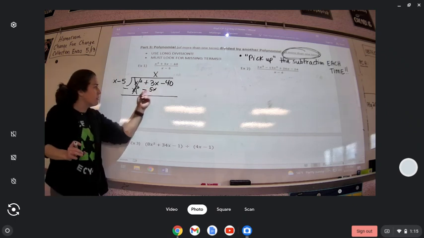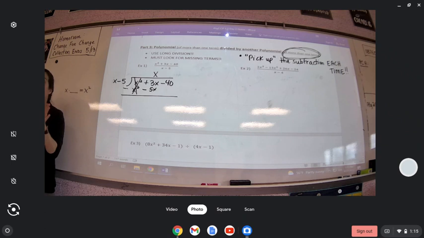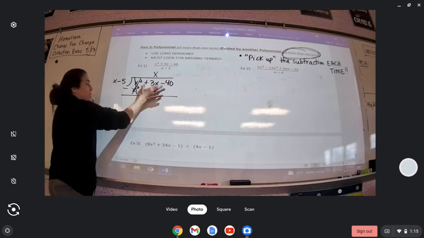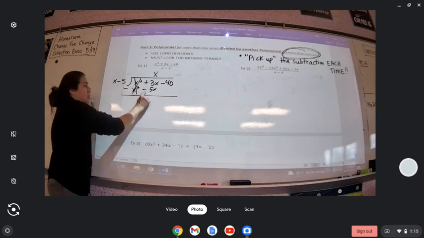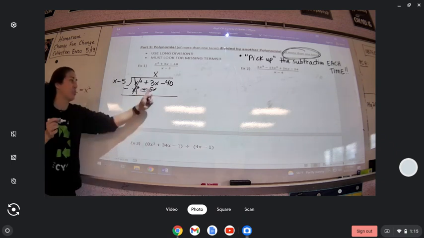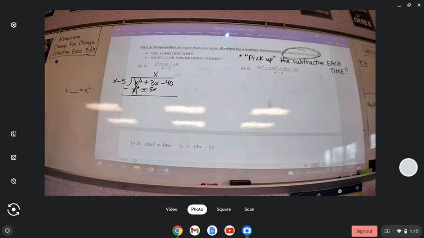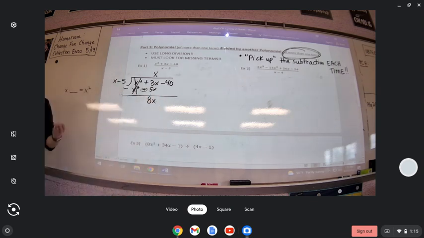Students look at this, they're like, oh look, it's -2x's. No, it's not. Because you have to pick up the subtraction each time. This is a positive 3x, subtract a -5x. What happens to subtracting a -5? It turns to a plus. And now really, what's 3x plus 5x? 8x. Beautiful. All right, now we've done everything. We bring down and we repeat the whole process again.